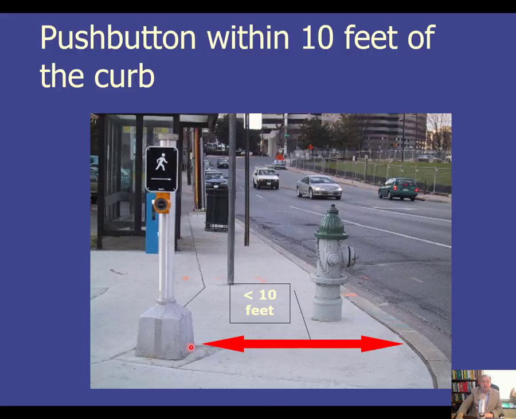And it should be within 10 feet of the curb if we're crossing this way, if we're going this way. That's ideal. Oftentimes we'll see older installations that bear no resemblance to this. But at least we know the ideal, and when you're advocating for the placement, it's something you should pay attention to.